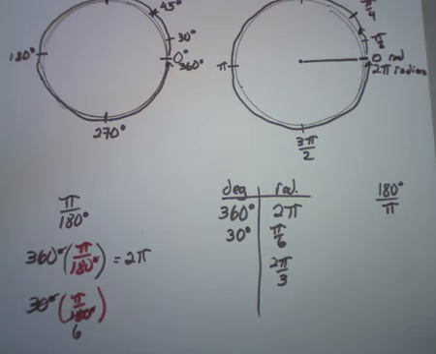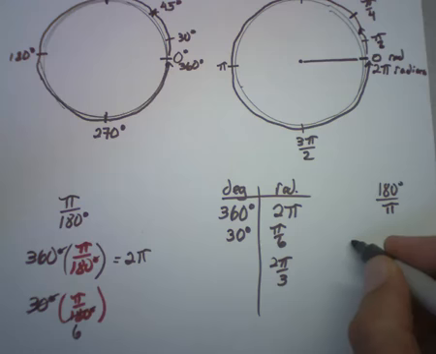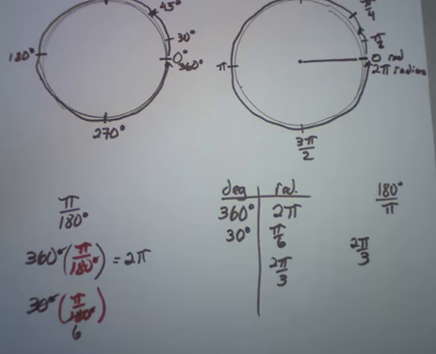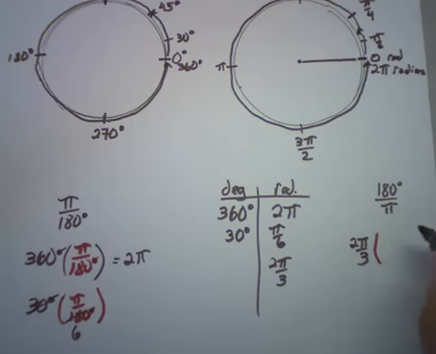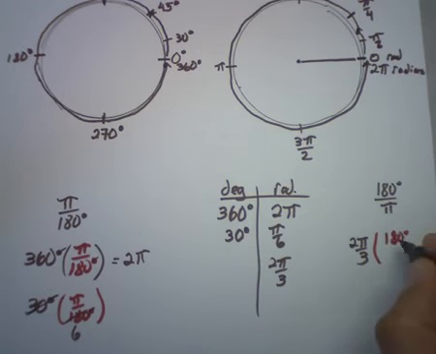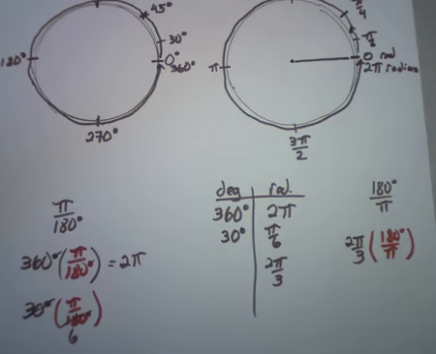And if we want to convert 2 pi over 3, we'll say 2 pi over 3 times the conversion factor, which will be 180 degrees over pi, which again is still 1, because those two things are still the same.